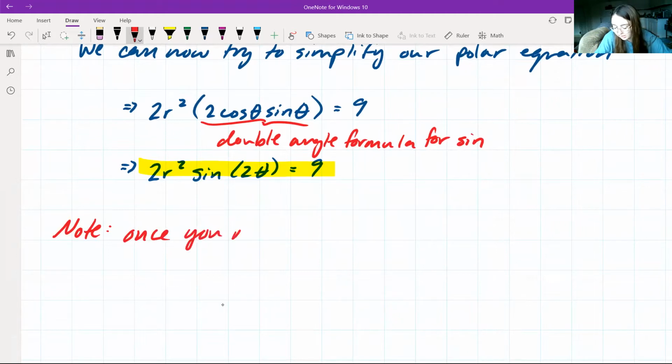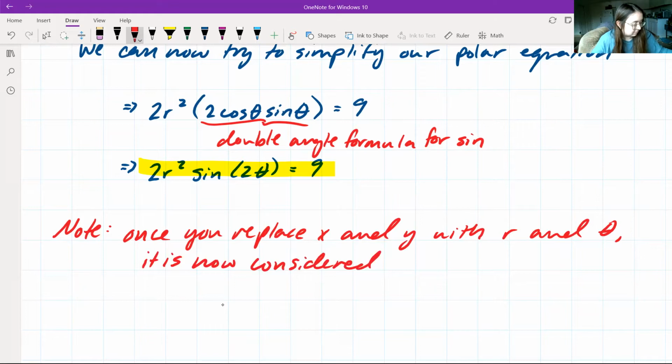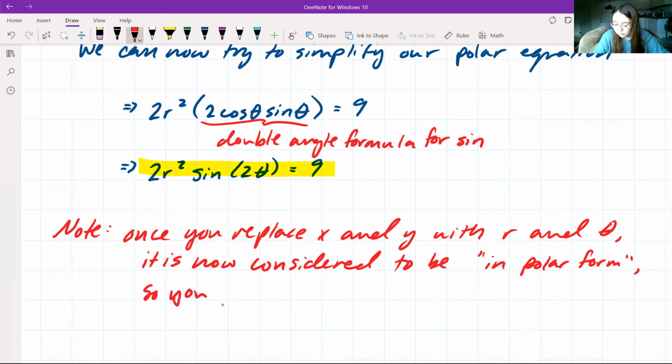Once you replace x and y with r and theta, it is now considered to be in polar form. So once you have it in polar form, you're just going to simplify.